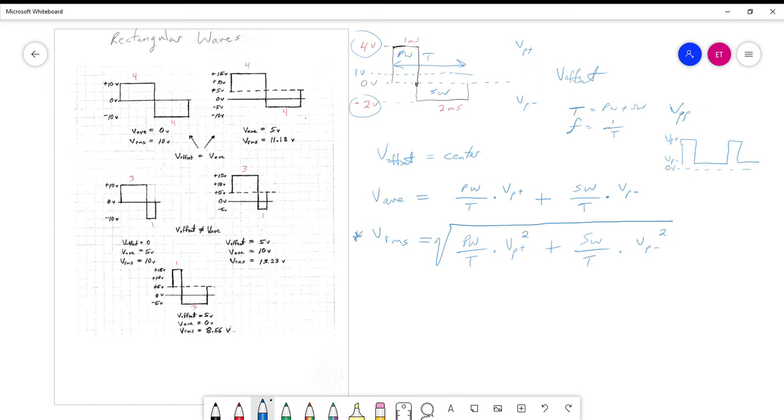So if I have a 10-volt lamp, let's say, and I hook it to 10 volts DC, and then I want to know what it'll look like with a rectangular wave applied, it would have to be 10 volts RMS, not average. That gives me the same look.